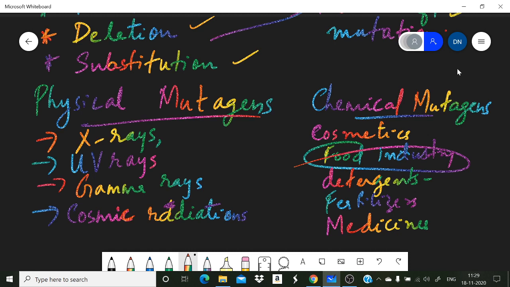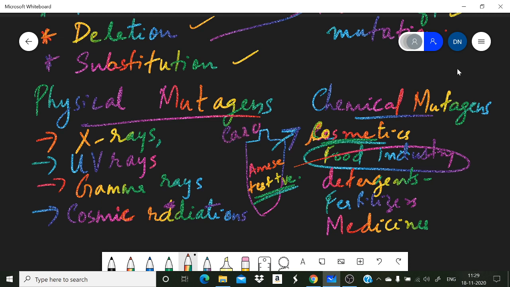And if we look carefully onto the packets of cosmetics or any other food items or fertilizers, whatever chemical, on the packet of that, suppose this is a tube of any cosmetic or anything, suppose if it is written like this, Ames test positive, that means this is a mutation causing substance, or it is a cancer causing substance, carcinogen.